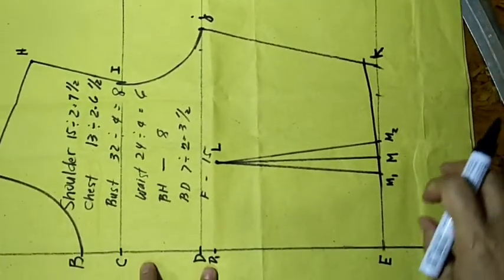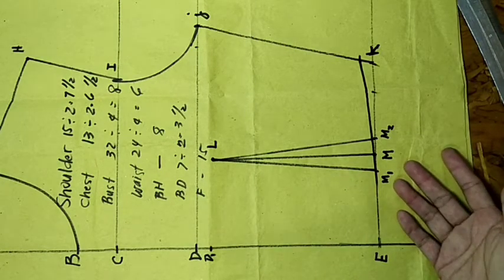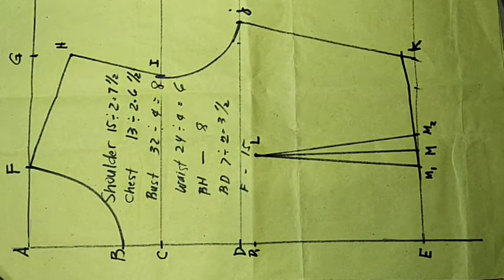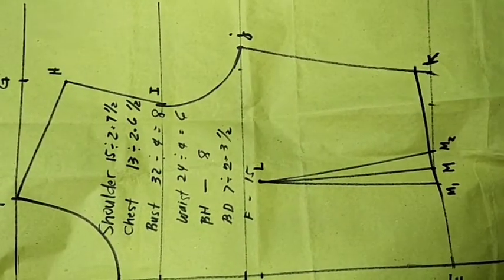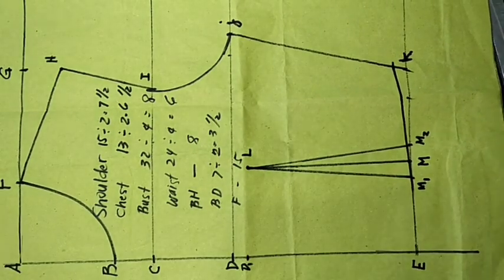And our pattern for bodice, front bodice is already done. Again, good morning or good day to all of you. And this is your pattern for the front bodice pattern. Thank you.